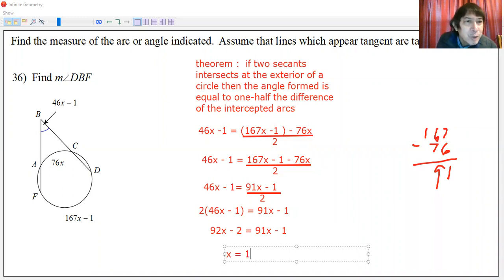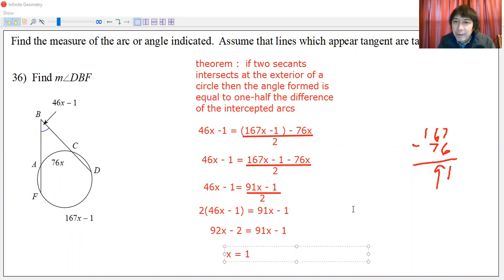All right, so we're asked to get DBF. So can we solve that orally? The measure of DBF is 46 minus 1. That looks like 45 degrees.